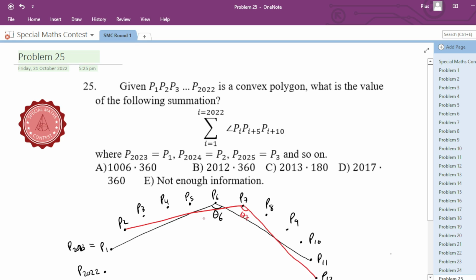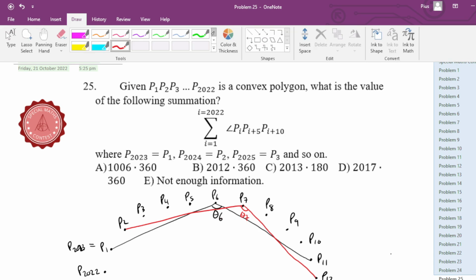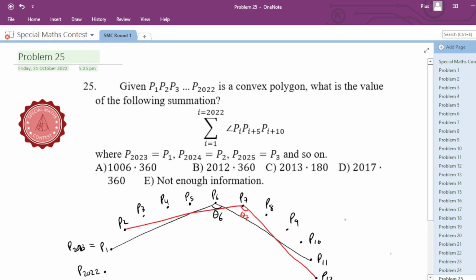Theta 7. So we are to add all these angles together. In fact, if we complete this figure, it's going to be one huge star polygon. In particular, it's going to be a 22, 5 star polygon.